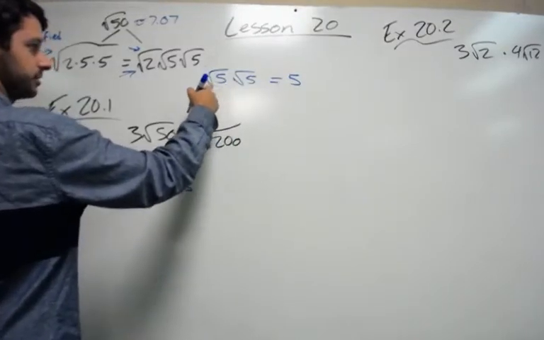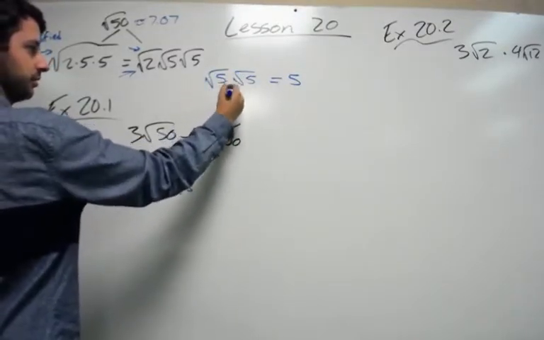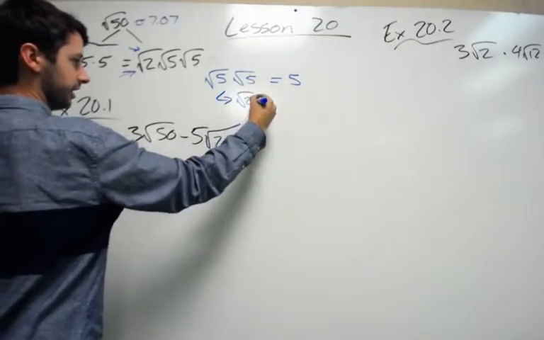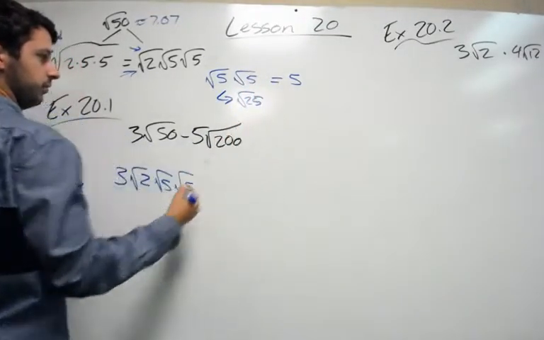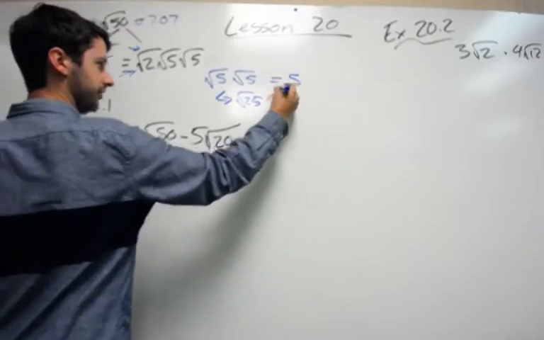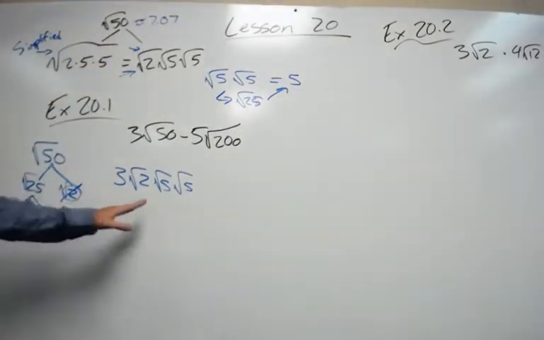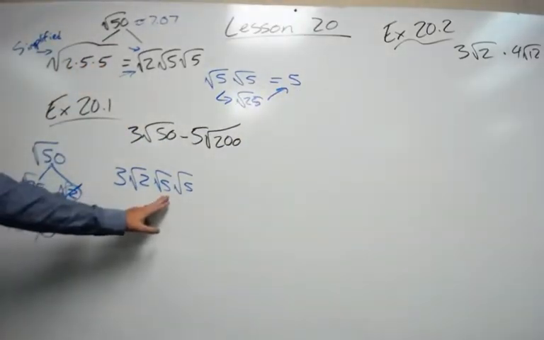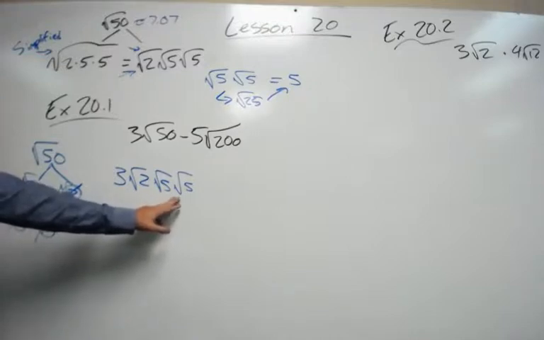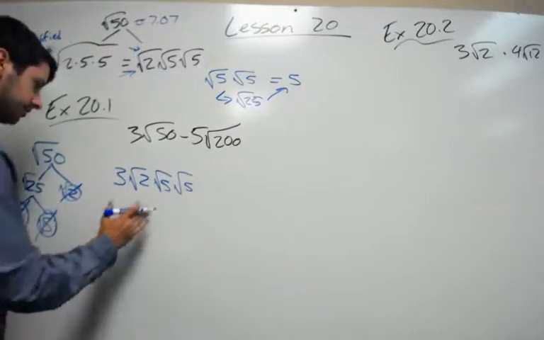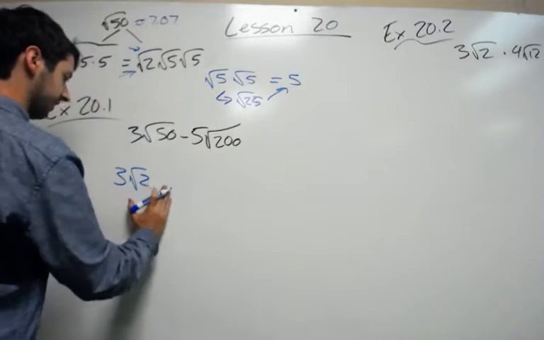Here's why. If I multiply radical 5 times radical 5, that would be radical 25. Well, square root of 25 is 5. So radical 5 times radical 5 is just 5.